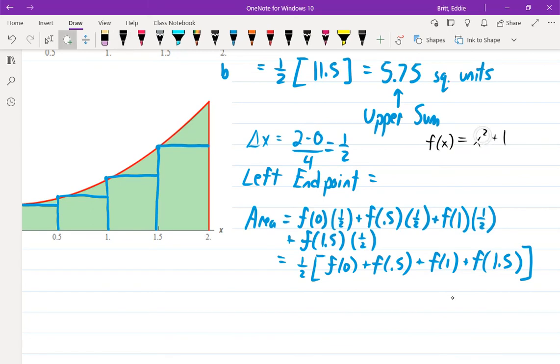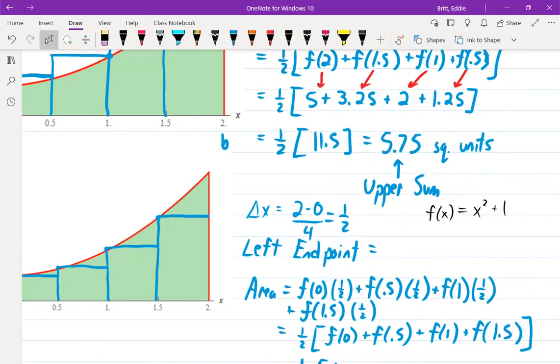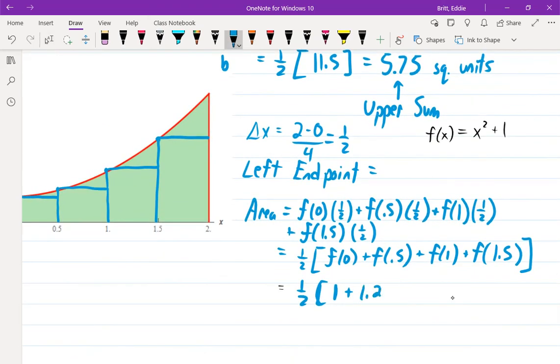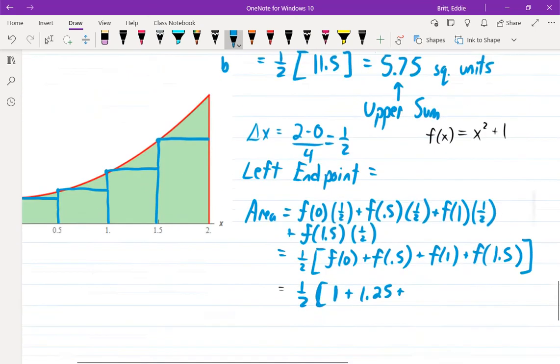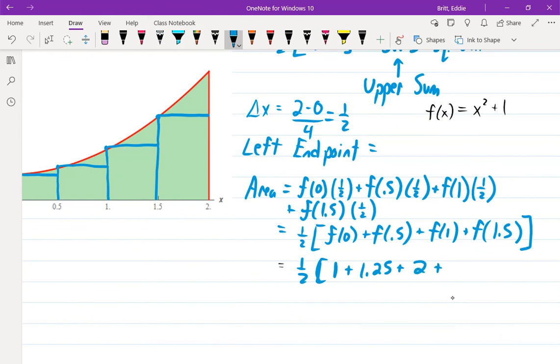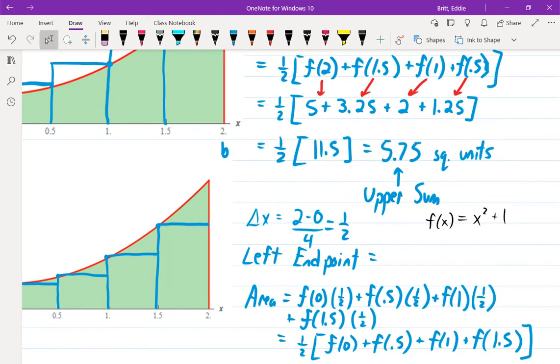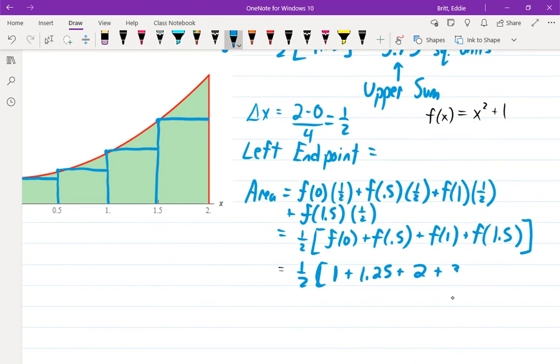And so if I plug in a 0 right there, I'm going to get a 1, right? Plus, and then I have the 0.5 answer here, 1.25. Plus, I have the answer for 1 right here, that was 2. Plus, I have the answer here for 1.5, that was 3.25. And so now I sum up these rectangles.